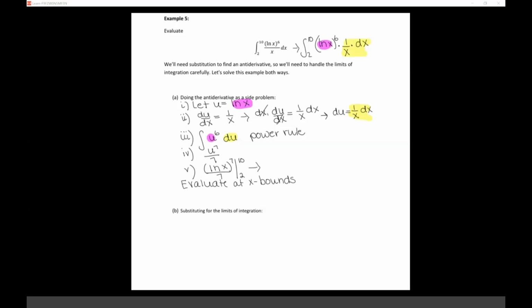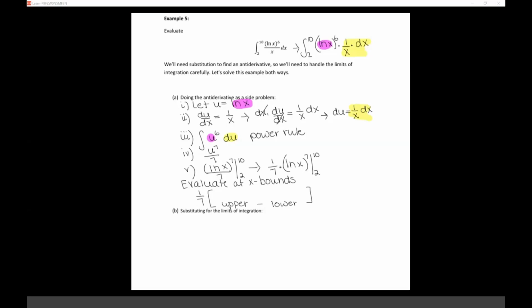Get comfortable doing this step because it makes life easy, and you'll typically have stuff in the denominator after you use the power rule. Divide by 7 is the same as multiply by 1/7. Then when I evaluate the definite integral, I can just pull the 1/7 out in front. It doesn't need to be in each term where I do upper minus lower.